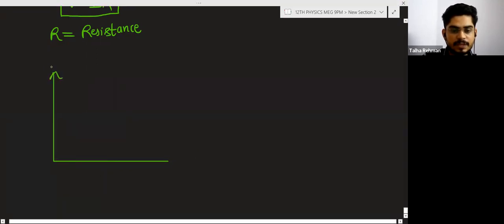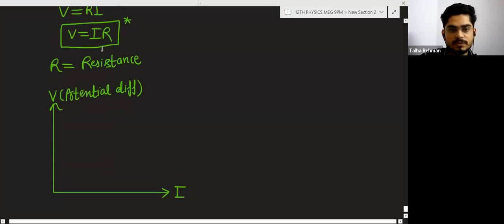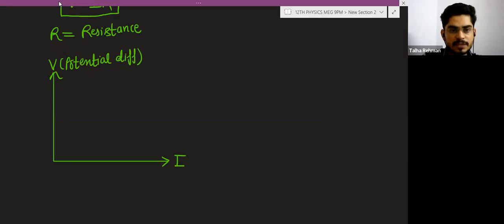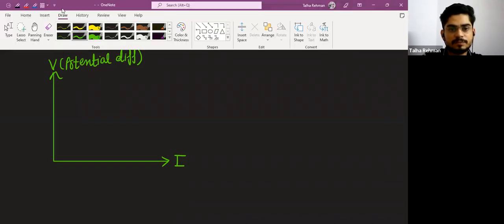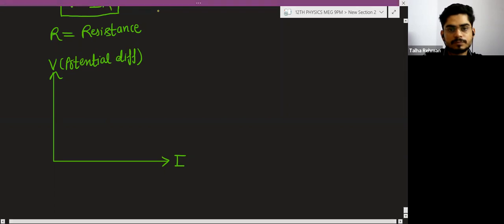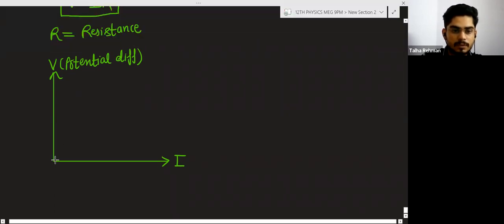This is the graph between the potential difference V and current. The graph of potential difference versus current will be a straight line from this equation, V is equal to IR, the equation of a straight line. The graph will be like this, the straight line.